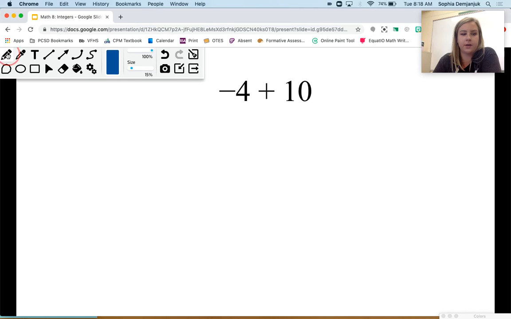Another example for you to do on your own, go ahead and complete -4 plus 10. You should have ended up with the answer of this one being the 10 is the bigger number and it's positive, so your final answer is positive. 10 minus 4 gives me 6.